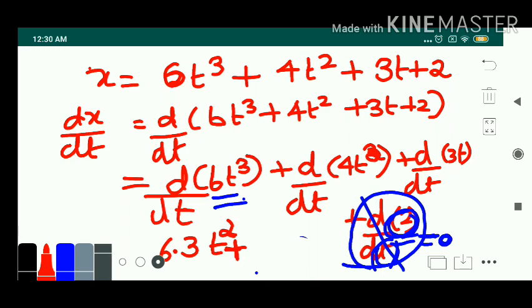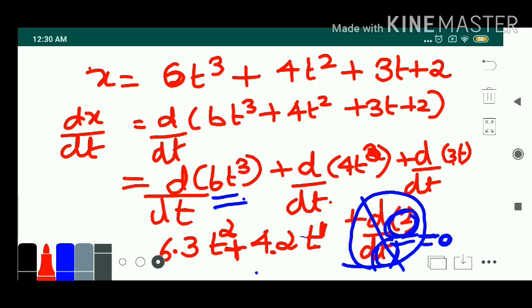And t cube is n into x raised to n minus 1, right? 6 into 3, right? Plus, here 4 is a constant term, so 4 is brought outside, into d by dt of t square. So n is 2, into t raised to n minus 1, which is 2 minus 1, that is 1.